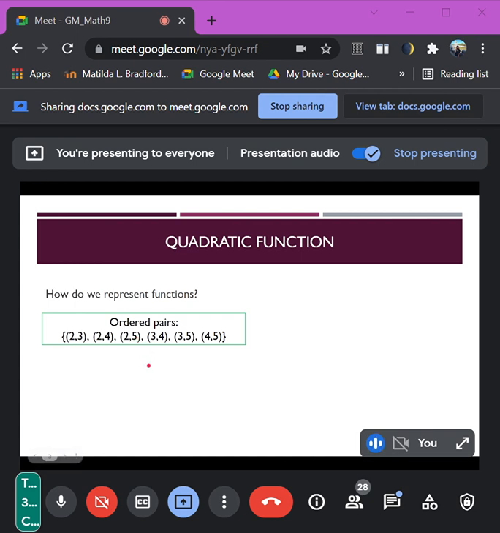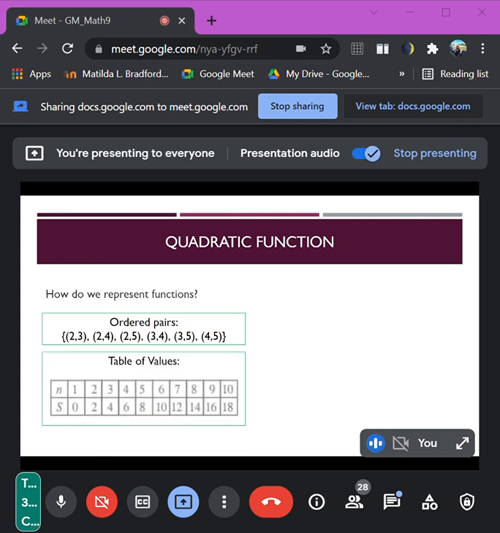And now, for the next representation, we have here our table of values. So, this is already a quadratic function. So it can also be changed into ordered pairs like this. Like you're going to use 1, 0, 2, 2, 3, 4, 4, 6, 5, 8, 6, 10, 7, 12, 8, 14, 9, 16, 10, 18.